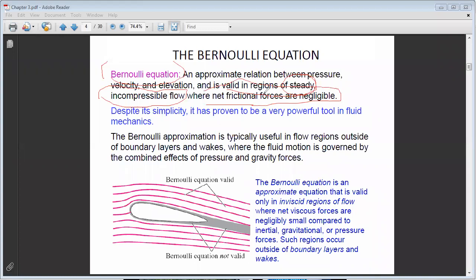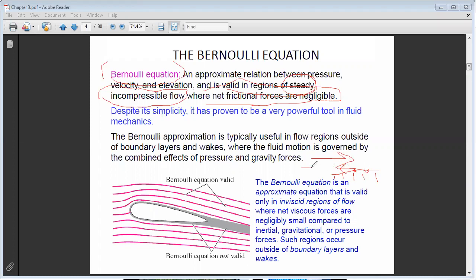In general, this takes place far away from surfaces, because if you remember in chapter 1, when we considered flow over a surface, we said that due to the no-slip condition, at the surface level, the velocity of the flow is equal to the velocity of the surface, and we have shear forces.